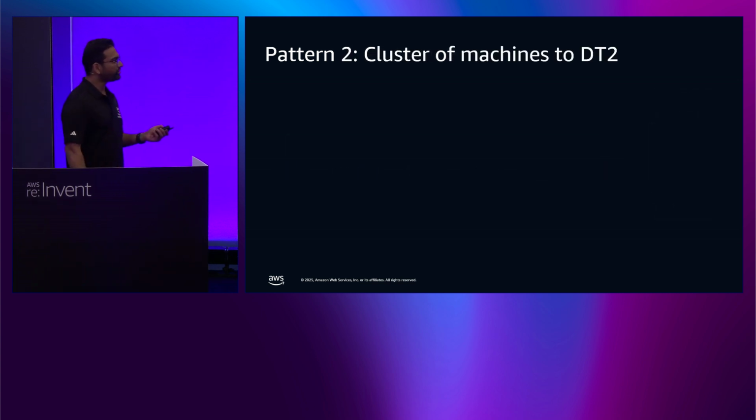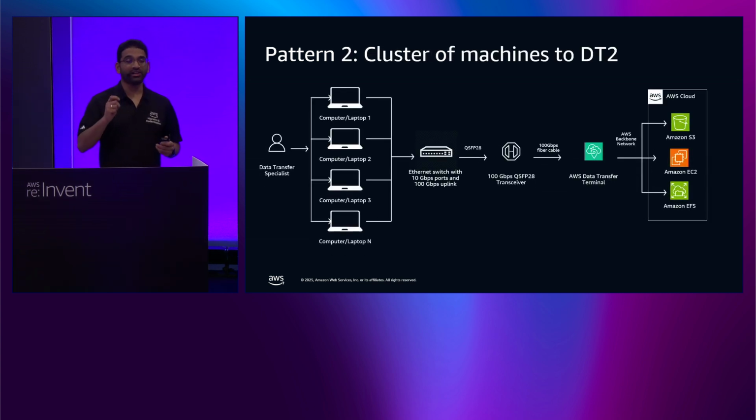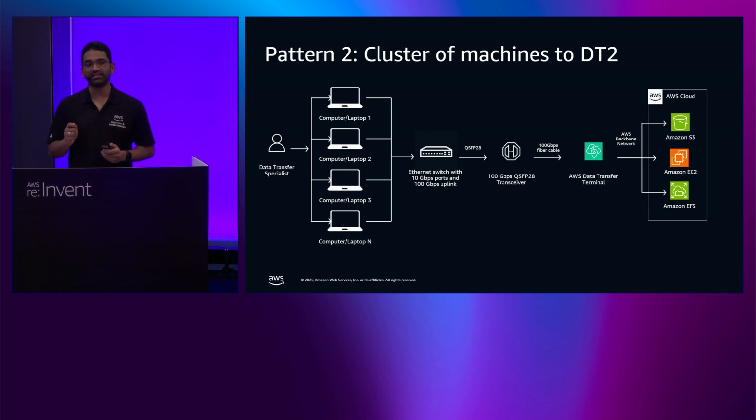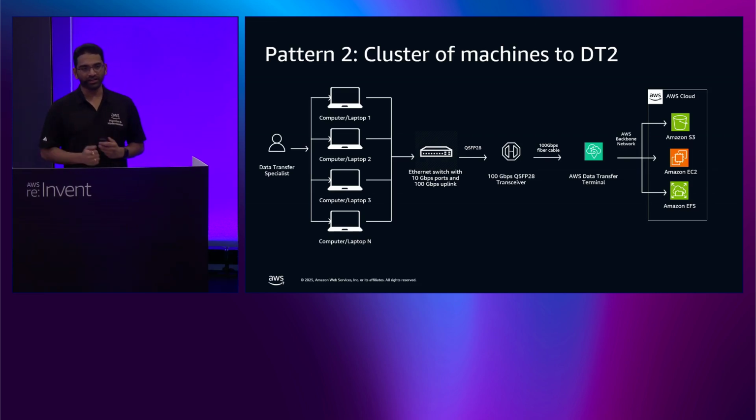Now, the next pattern is an extension of the previous one, where each fiber in Data Transfer Terminal is capable of giving out 5 IP addresses through DHCP, right? So in this scenario, instead of a single machine, we are creating a cluster of up to 5 machines per fiber to essentially multiply the bandwidth.